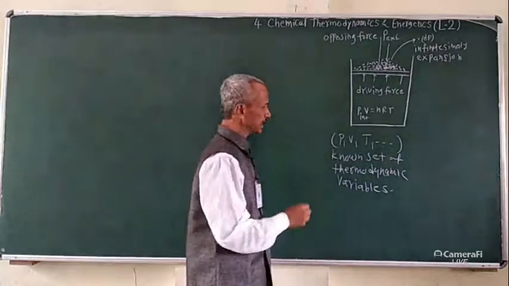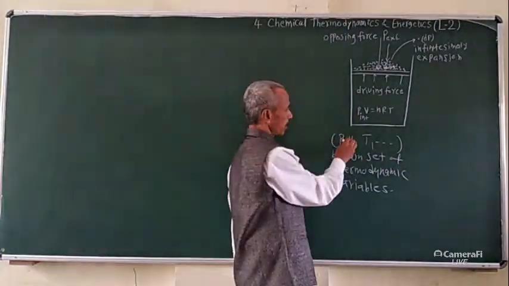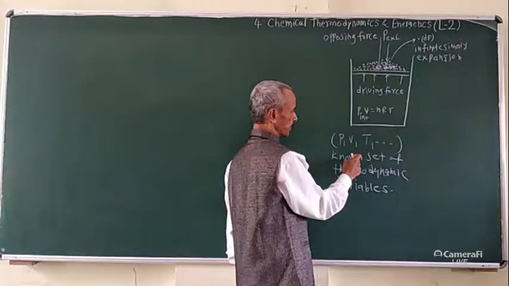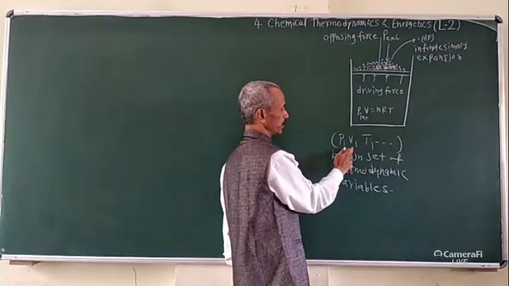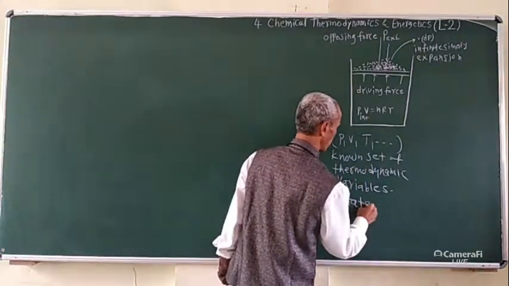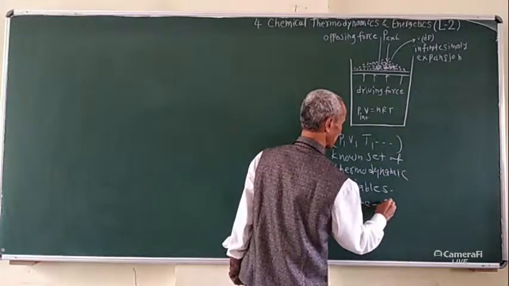When the pressure, volume and temperature are known, the system is said to be in a particular state. So this is, suppose, state 1 or the initial state.